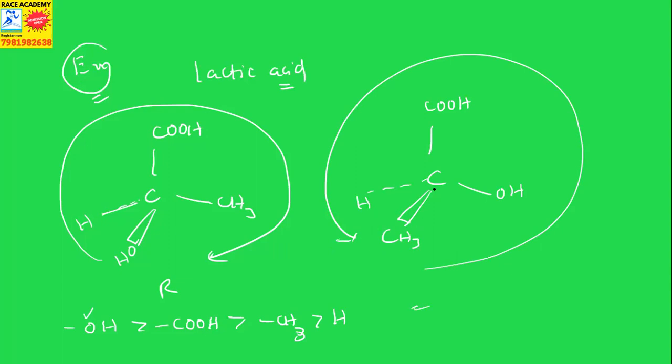Why? Because the numbering is the most important one. So we will give priority to that OH. After that carboxylic acid, next methyl group. Here also the same one. It is 2, it is 3 in this direction.